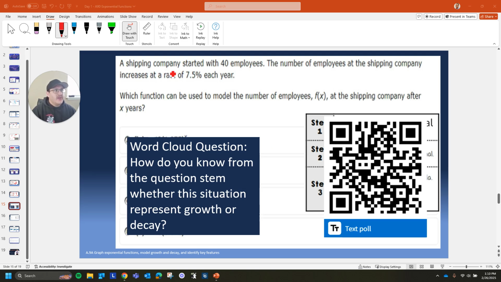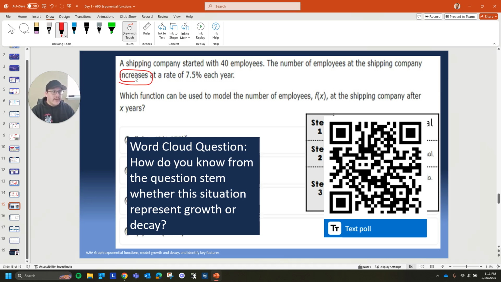Okay, so a shipping company started with 40 employees. The number of employees at the shipping company increases at a rate of 7.5% each year. Which function can be used to model the number of employees, f of x, at the shipping company after x years? Which part of this question tells me whether this is a growth or decay type problem? Right here.